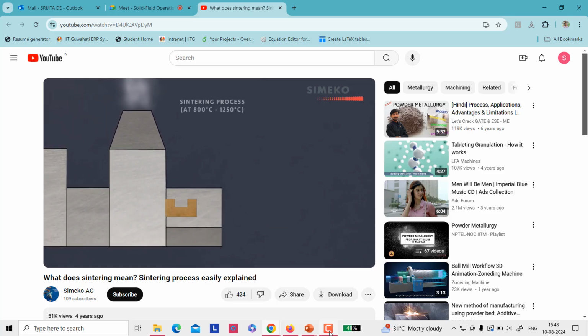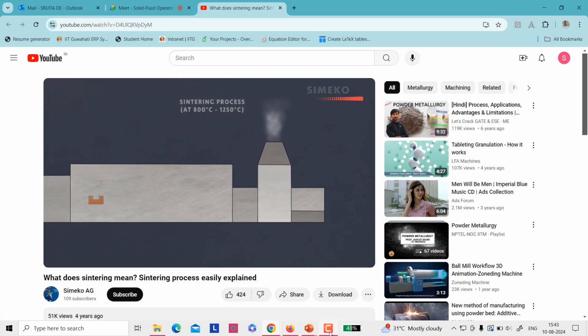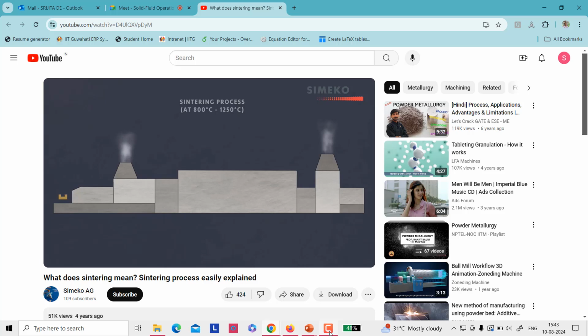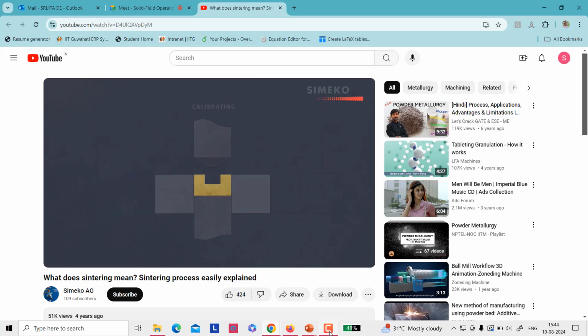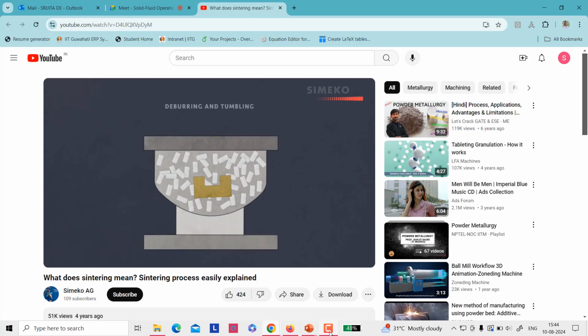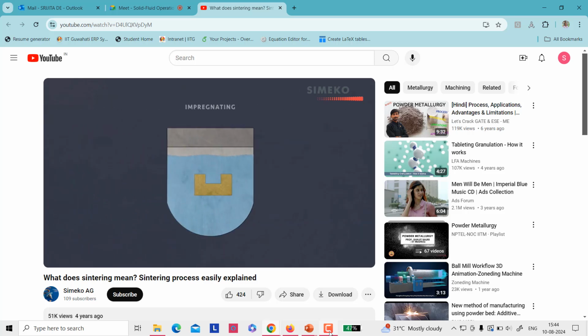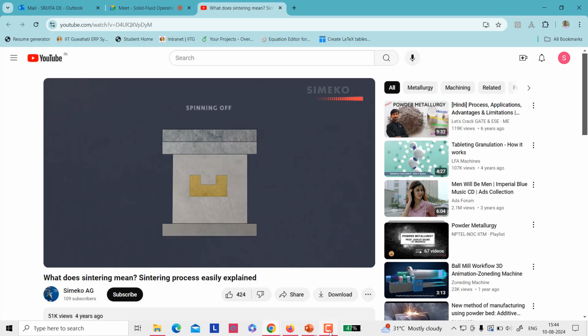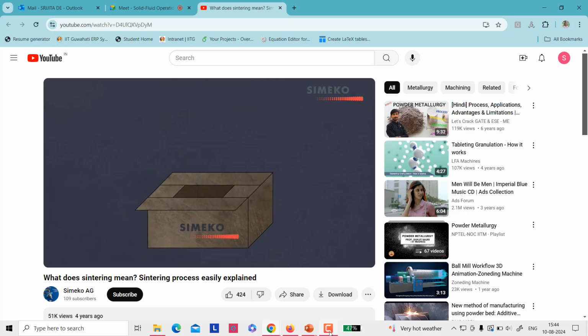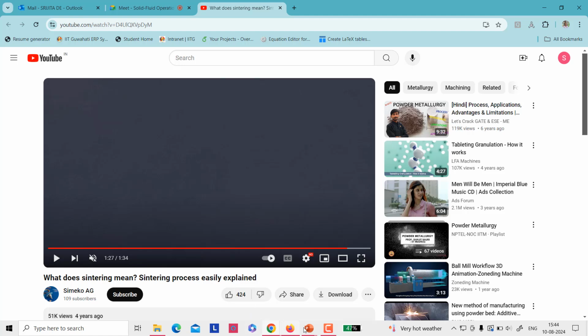It will go to the sintering process while heating from 800 degrees centigrade to 1250 degrees centigrade. Now the post-processing is happening: deburring and tumbling, and finally they are put inside water. This is the sintering process.